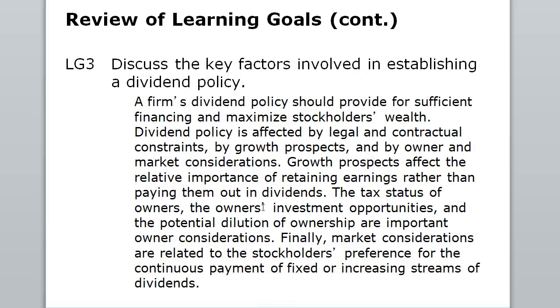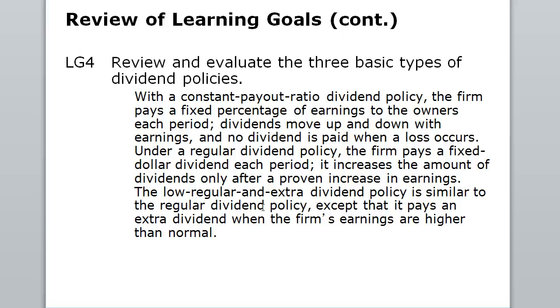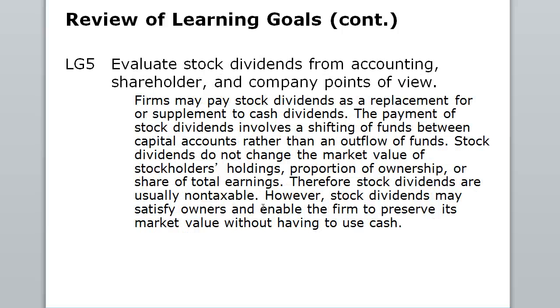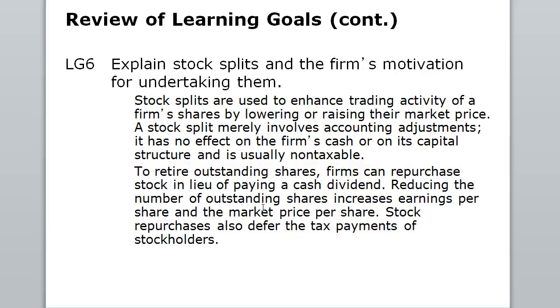We discussed the key factors involved in establishing a dividend policy, and we reviewed and evaluated 3 basic types of dividend policies. We evaluated stock dividends from an accounting, shareholder, and company point of view. And lastly, we explained stock splits and the firm's motivation for undertaking them. Here's something I didn't fully explain: why do companies want to do a stock split?